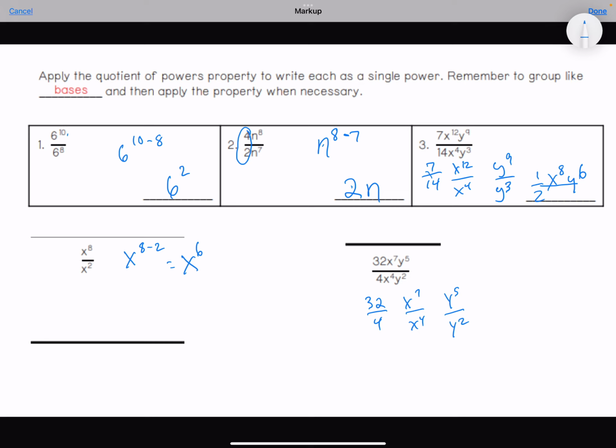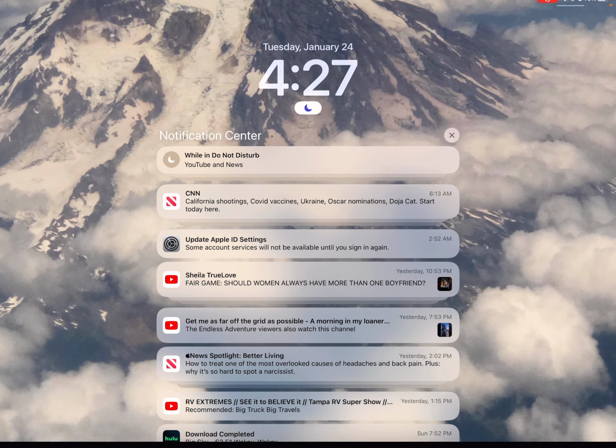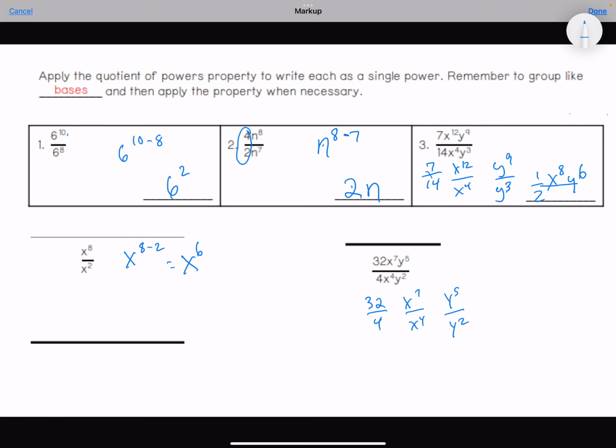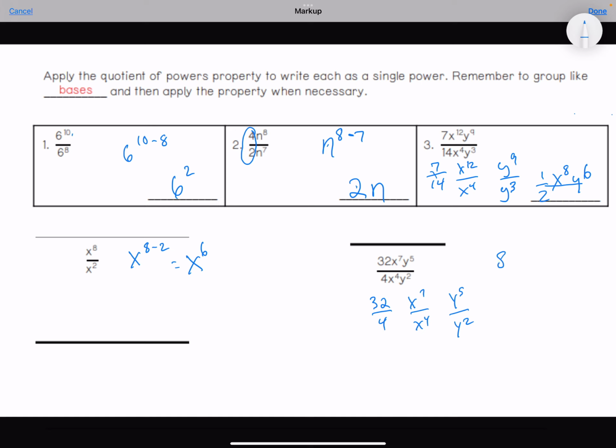Do each one individually. 32 divided by 4 is 8. 7 minus 4 is 3. 5 minus 2 is 3. So that would be your answer.